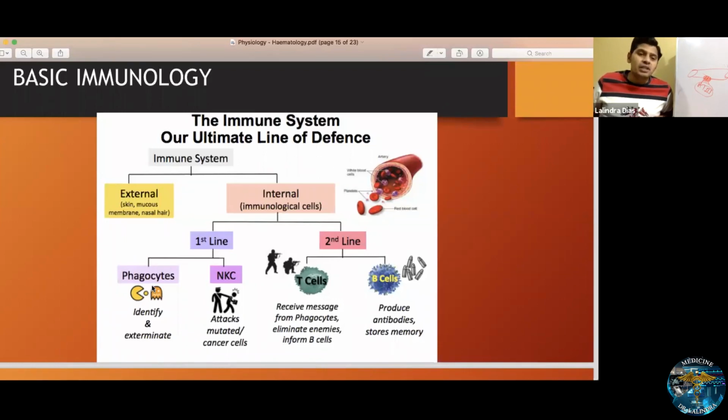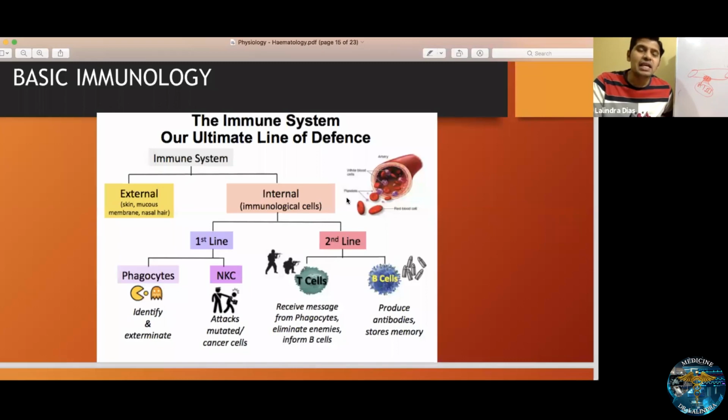Then you have, in first line defense, natural killer cells. They can attack the cells, and also they can attack the cancer cells. That is about first line defense.